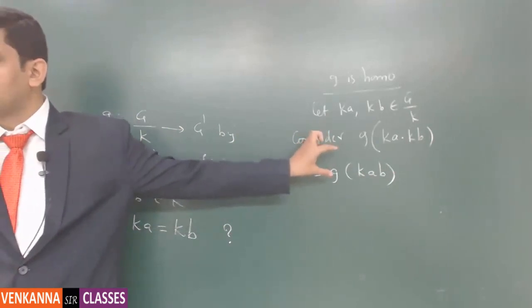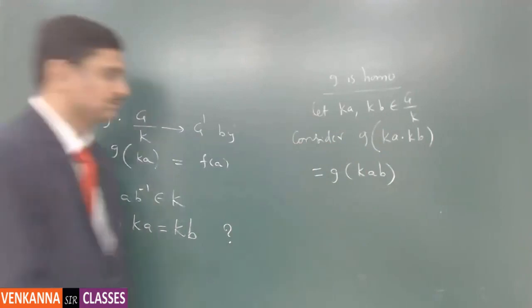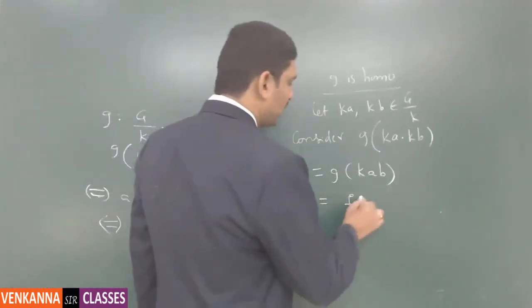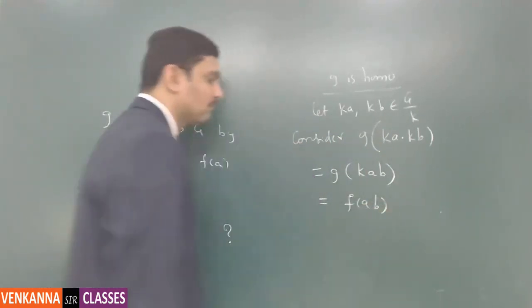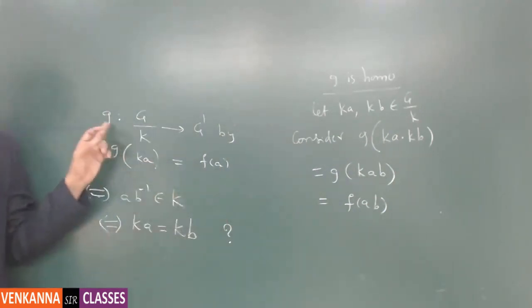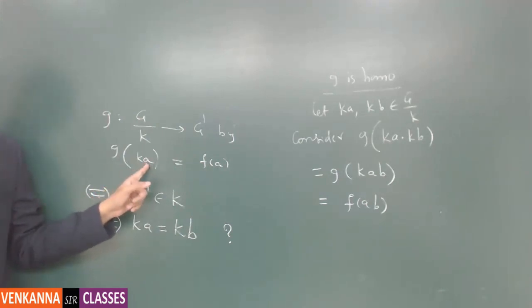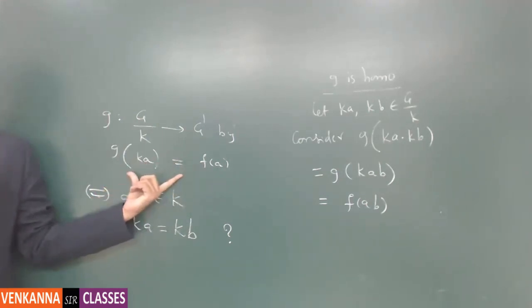The set will remain the same. We simply multiply the elements. This is equal to f of ab. How did this come? Because this is the definition of g. Whenever you have a coset, for the element you apply f. This is the definition of g.